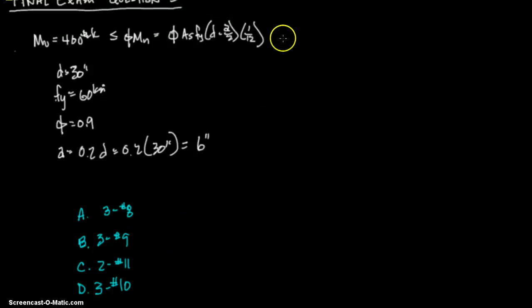I would look at this and see right away that I have everything I need. Now I just need to plug in the As. This is the one thing you don't have, and that's what it's asking for. So we ask, what's the area of steel for each of these? It looks like they're going in increasing order.